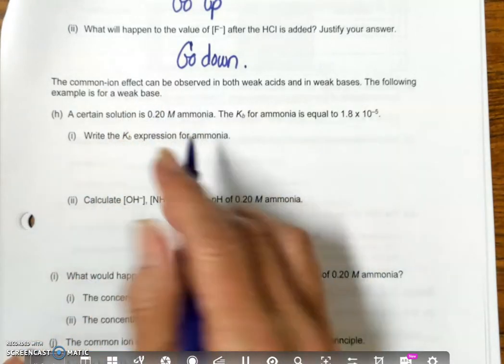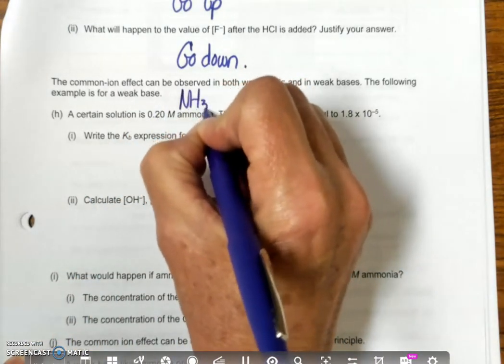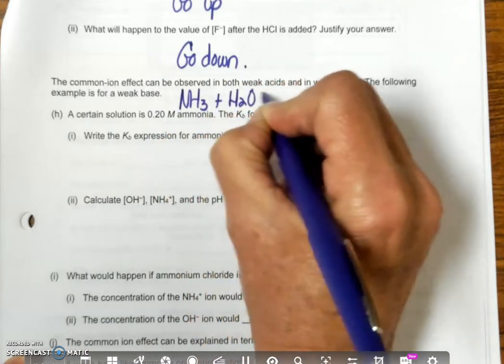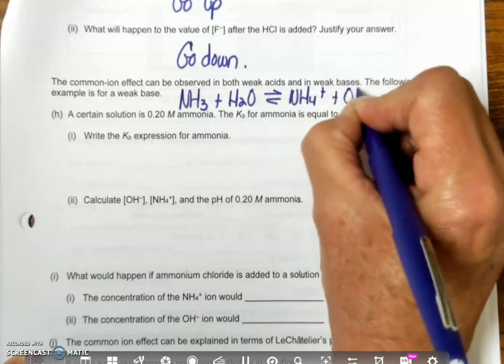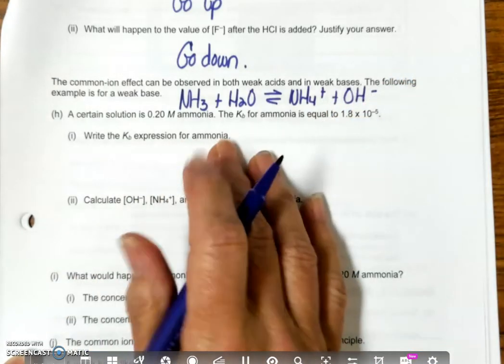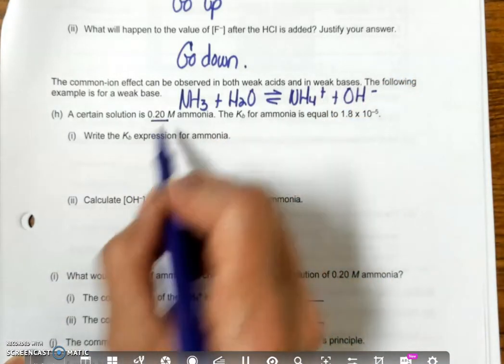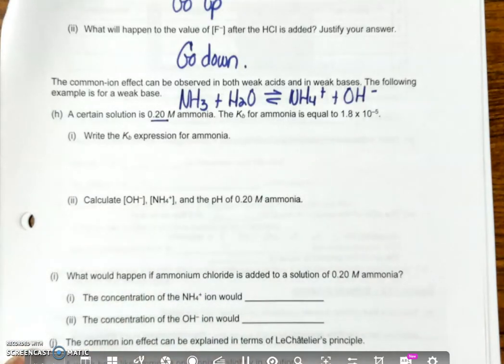I've got ammonia plus water going to ammonium ion and OH minus. Now, this is my initial concentration, so we're going to look at what is the concentration of our ions before we add any of the conjugate base, or conjugate acid, I should say.